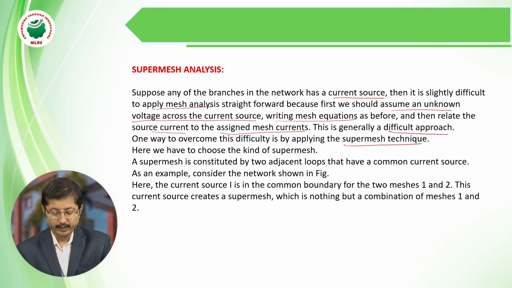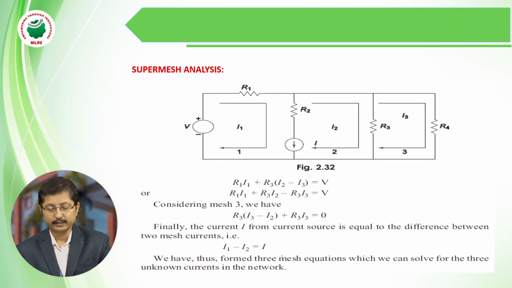So here we have to choose the super mesh. A super mesh is constituted by two adjacent loops having a common current source. As an example, we can consider this network. In this network, between this loop and this loop, we can see one current source.